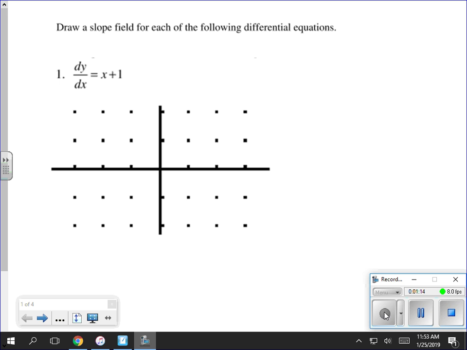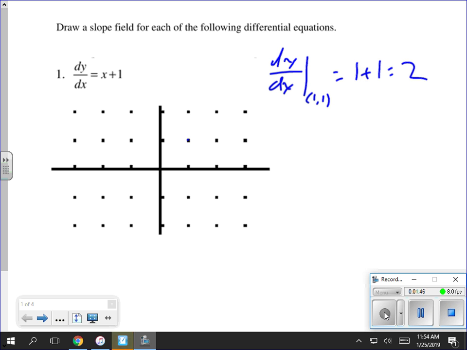So for example, if I want to put my little dash on the point (1, 1), I have to evaluate the differential equation at the point (1, 1). That's the notation for evaluating at a particular place. So I plug in 1 for x and 1 for y, and it equals 2.